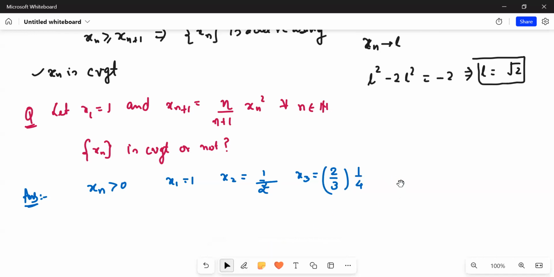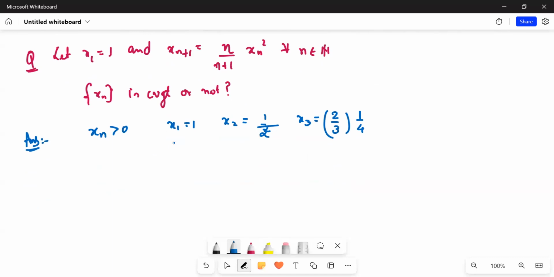One idea you are getting is that whatsoever, you are finding that it is less than 1. So you can claim that xn is less than or equal to 1, or simply xk is less than or equal to 1 for all k belonging to the naturals. This is evidently what you can see.